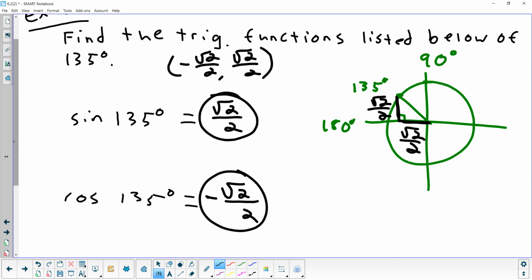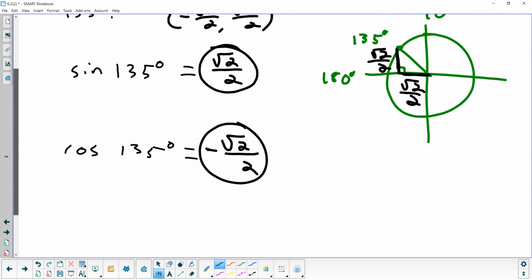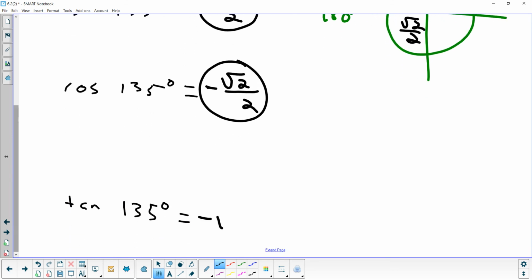What's the formula again for tangent? Yeah, so it's y over x. But what do you get when you divide the y by the x here? Negative 1. We're dividing two numbers that are opposites, and that gives us negative 1.